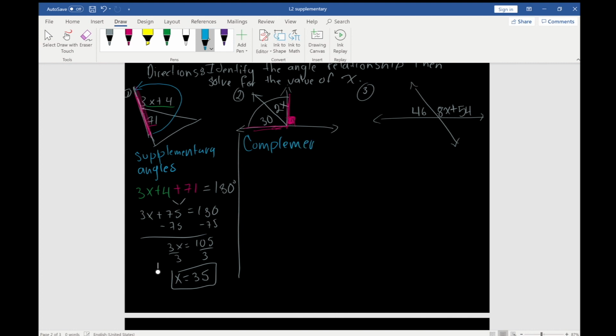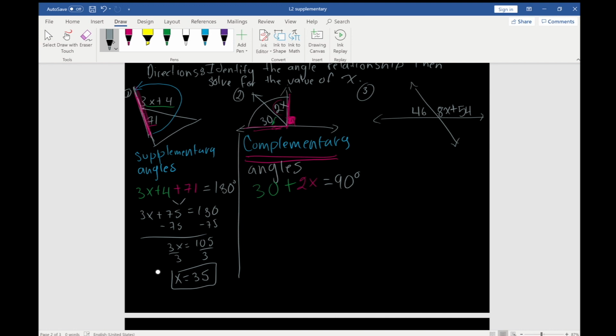Complementary. Now, like I said, complementary angles are different from supplementary because complementary angles add up to 90 degrees. So our equation would be something like this: 30 plus 2x is equal to 90 degrees.